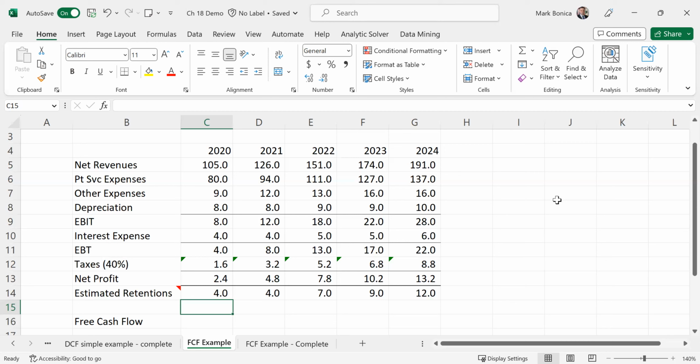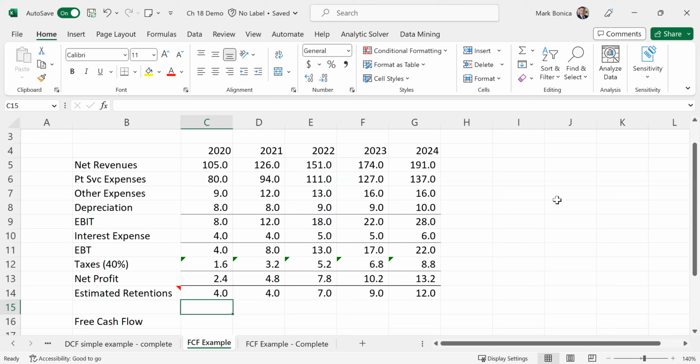Now, what's this estimated retentions? This is a new concept for you guys. What estimated retentions is, remember, what can we do if we've got net income, if we're a for-profit business and we've got profit at the end of the year? The 2 things we can do with it is we can retain the earnings or pay a dividend, right?